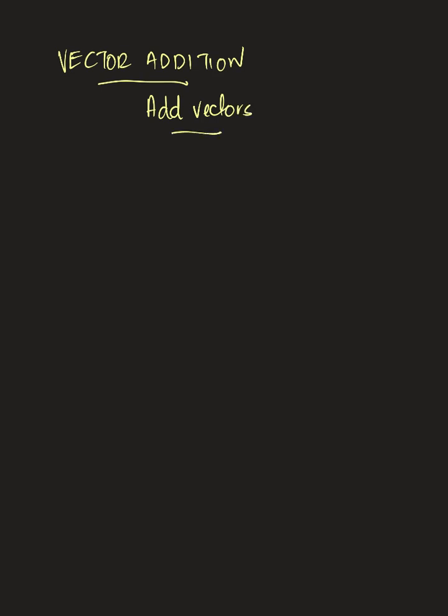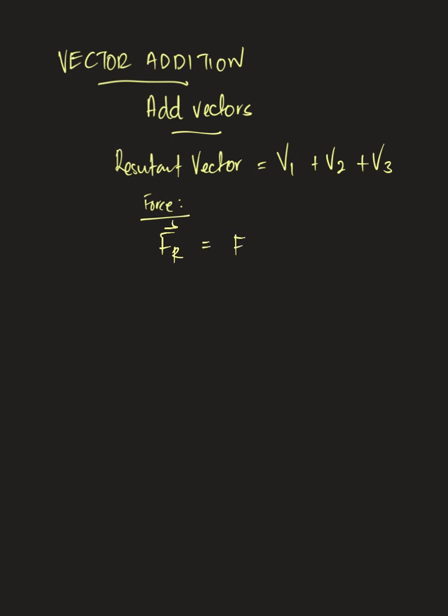If I want the resultant vector, I must add vector 1 plus vector 2 plus vector 3. So if I'm dealing with force, then I can say Fr, which is a force, is equal to F1 plus F2 plus F3.